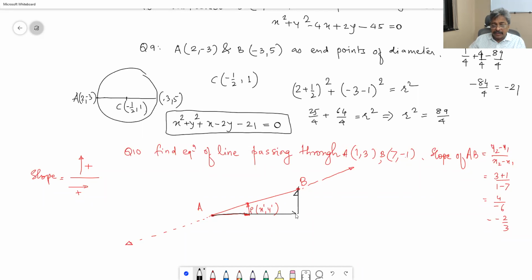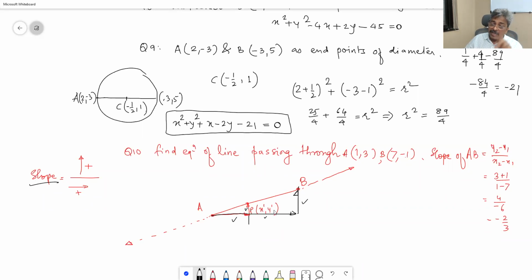Similarity works. If you want to go from A to B, this distance upon this distance is the slope. If you want to go from A to P, this distance upon this distance is the slope. And similarity works, it will be the same.